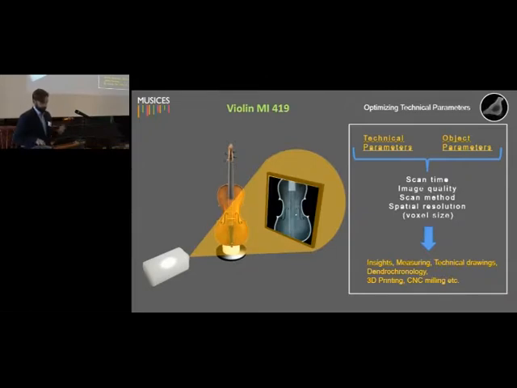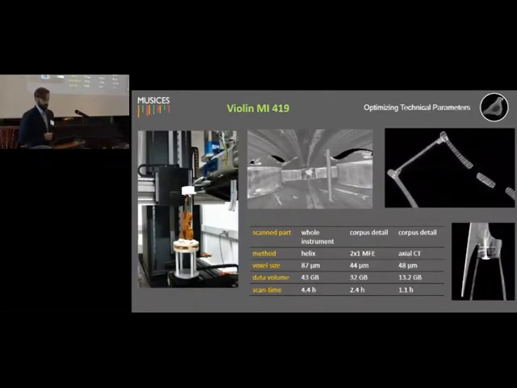The violin is a very easy instrument. It's made of wood. It's not too big, so we can make good pictures with this instrument. If we use a helix method, which is a very good method to avoid artifacts, then we can get a resolution like 87 microns. This is very good.